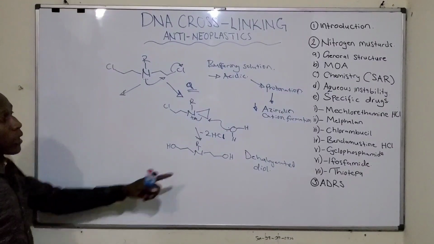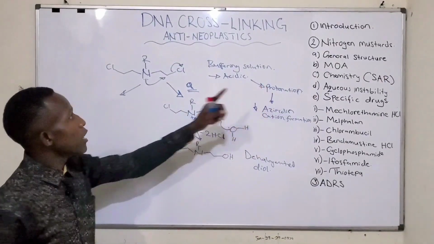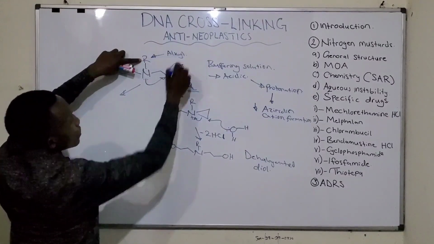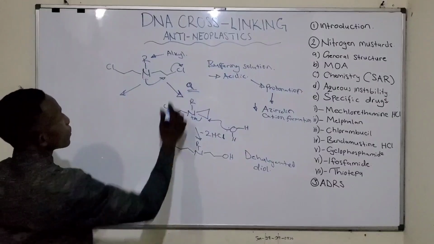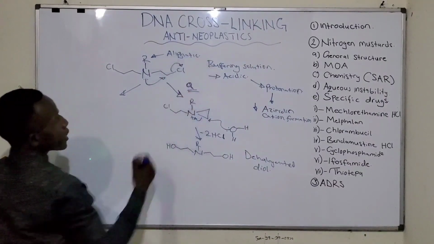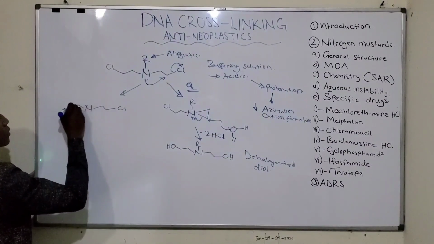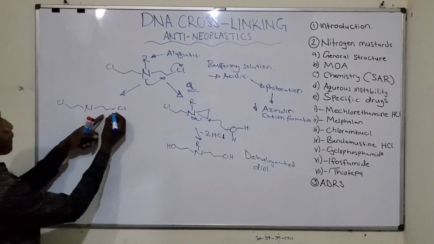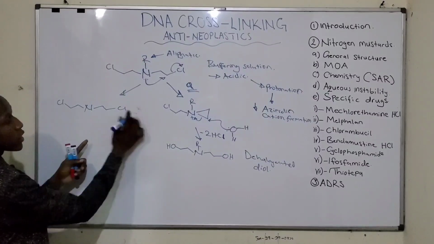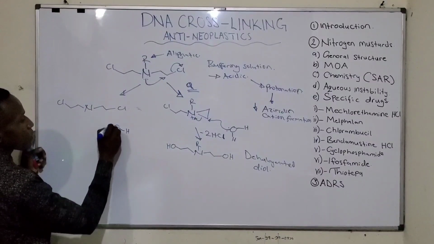But you can have the water coming directly, for those highly reactive nitrogen mustards having the R here, when it is an alkyl or aliphatic group. They are highly reactive. Remember, this chlorine has the negative inductive effect. It pulls electrons towards itself. So water can come directly like this.